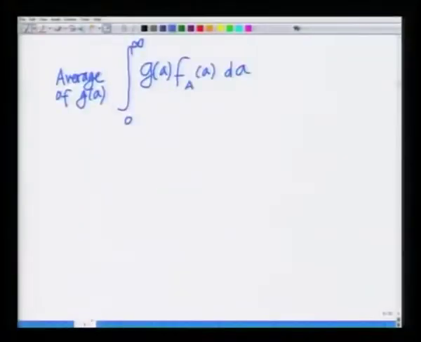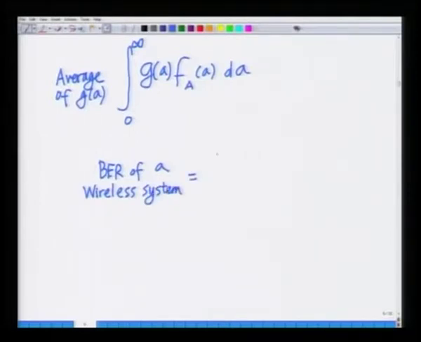That is what I am going to do next, which is to compute the average bit error rate of a wireless system. Remember, the bit error rate as a function of a is simply Q of square root of a squared P over sigma n squared.